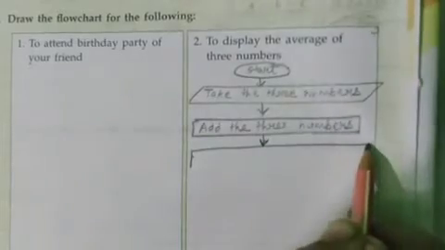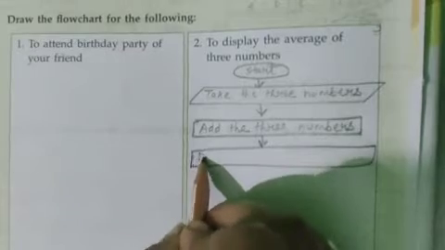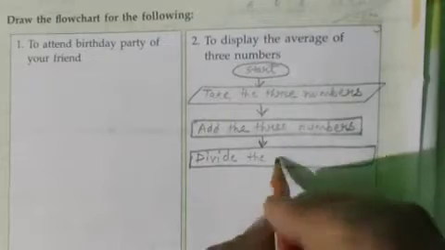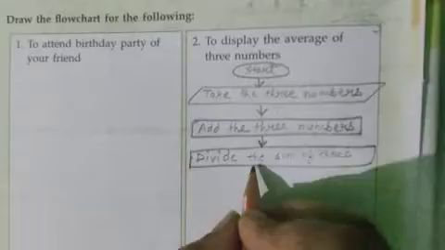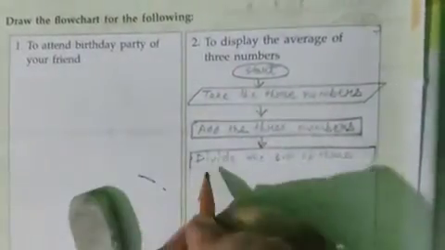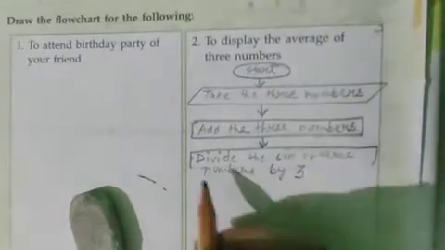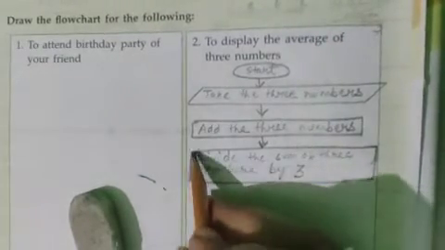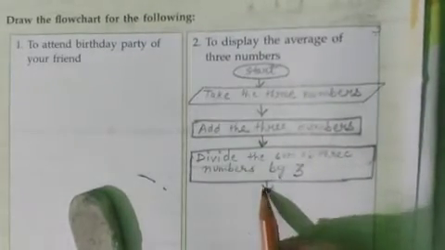So again, draw the process box over here, and write down: divide the sum of 3 numbers by 3. Again processing is done, so we write this instruction inside the rectangle box, means the process box. Next, draw the flow line.